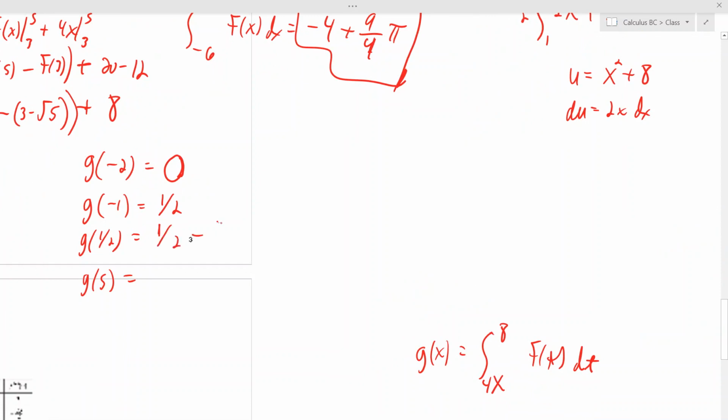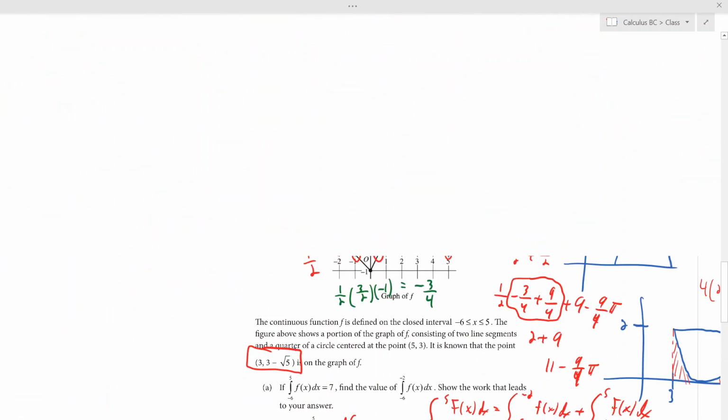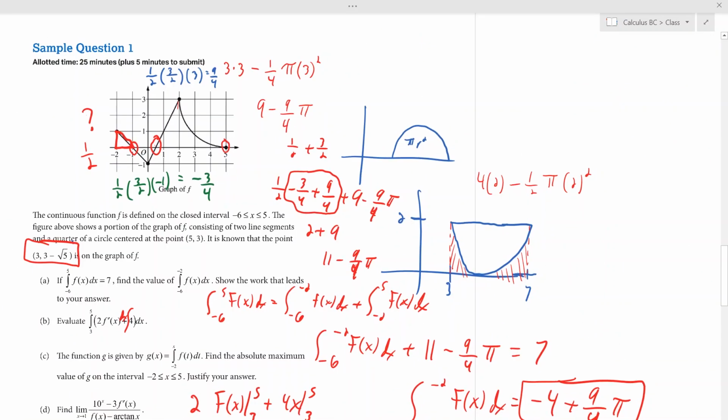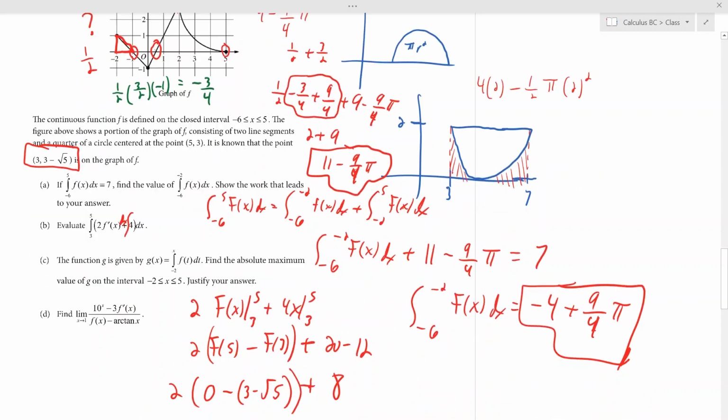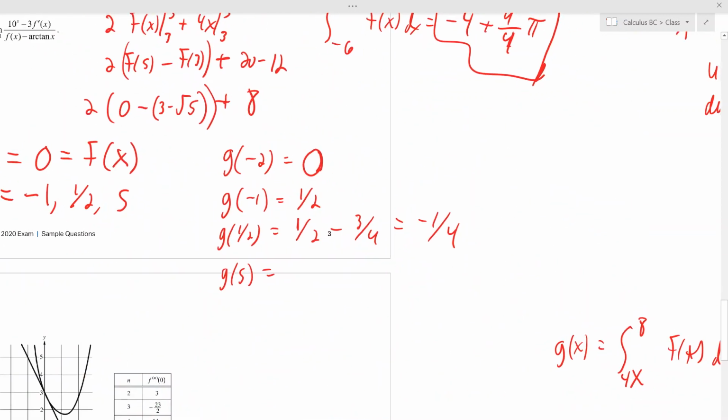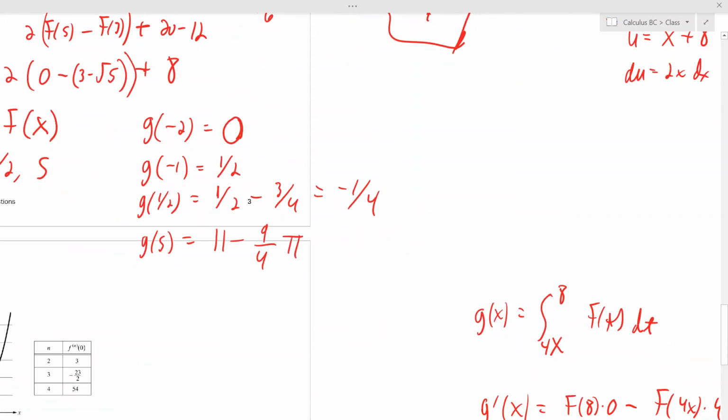Half minus 3/4, which is -1/4. Okay, right? 2/4, yeah. Okay, and then g of 5 is all those things added up together, which we already did. Remember we did that? That's just 11 minus 9/4 pi. And it turns out that the maximum is the biggest one of those.